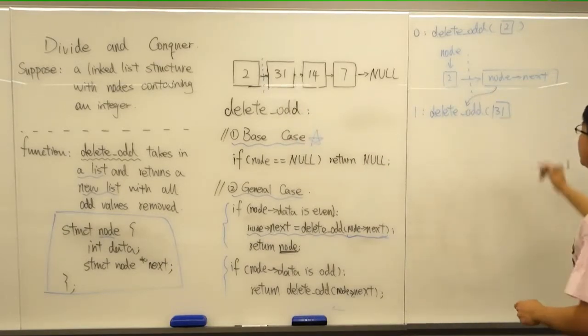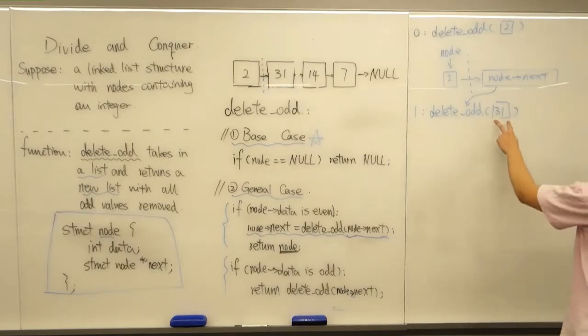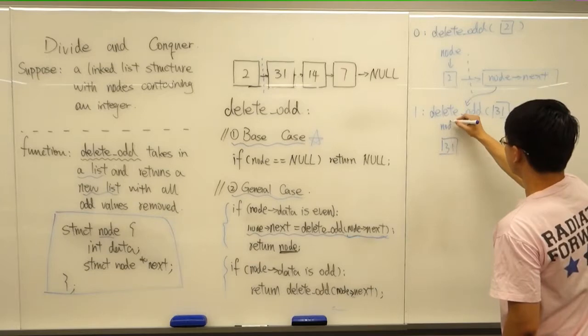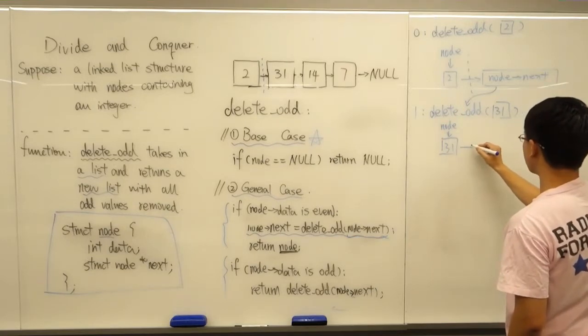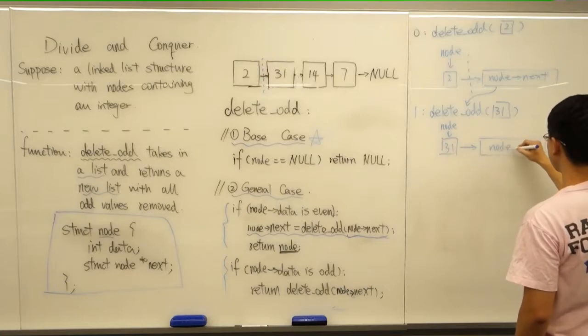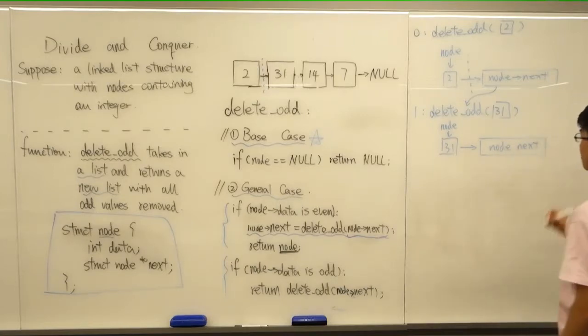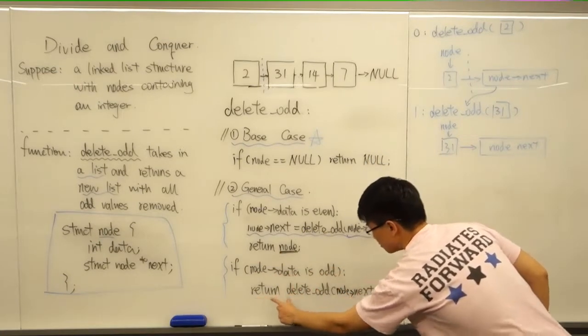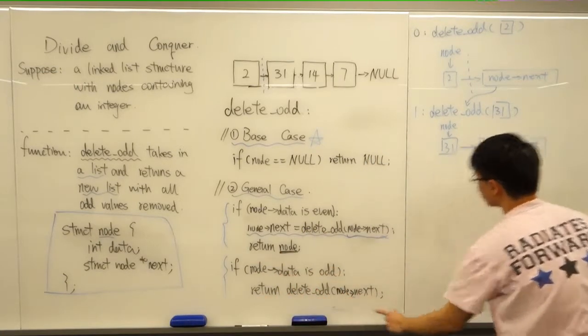At 31, node will be pointing to 31, and whatever is after it is node next. Because it's an odd number, we're going to return delete odd node next.